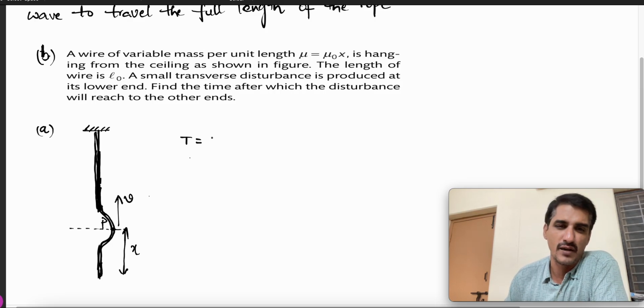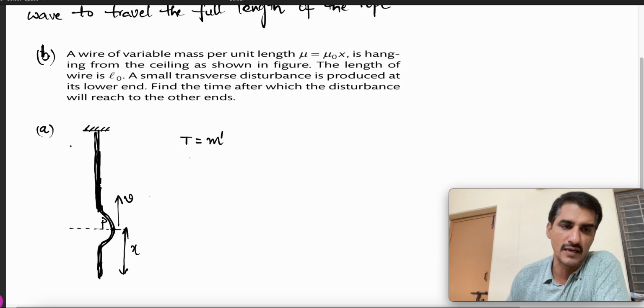So the total x length of the rope is exerting the tension because of its weight, right? So I am just finding out the tension due to that particular mass of the rope. Therefore consider it is m dash. Total mass is m, and let us consider total length is L. So now this mass I am considering m dash, so I am finding m dash into g.